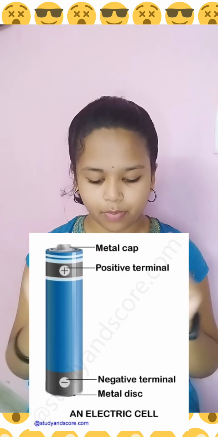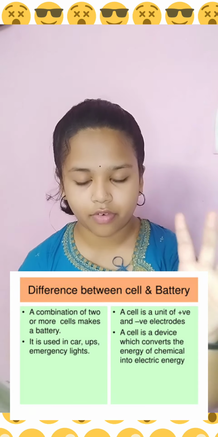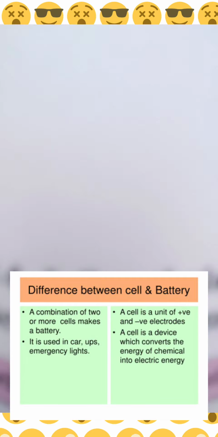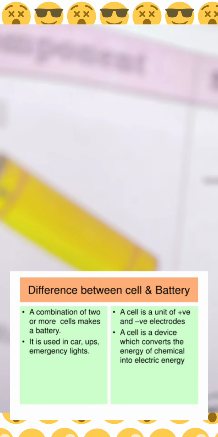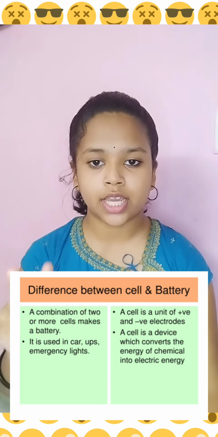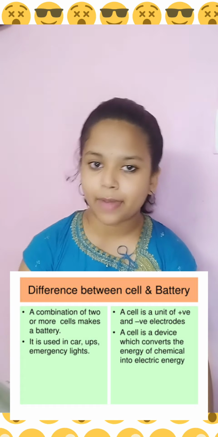Now, in a cell, there will be one positive terminal and one negative terminal. I will tell you the difference between a cell and a battery. This is a cell. And when two cells are combined together, that is called a battery. This is the main difference between them.